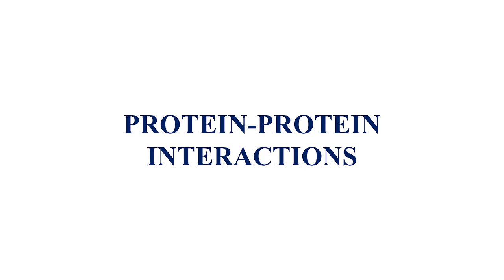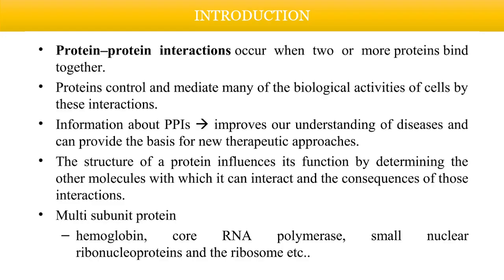As we can understand from the name, protein-protein interactions occur between two or more proteins that bind together. When these proteins bind together, they form an interface or some kind of depressions and cavities. These proteins control and mediate many of the biological activities of the cells by undergoing these protein-protein interactions.